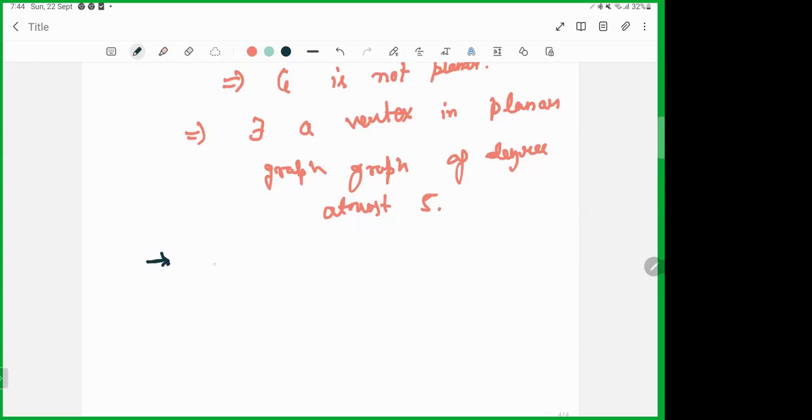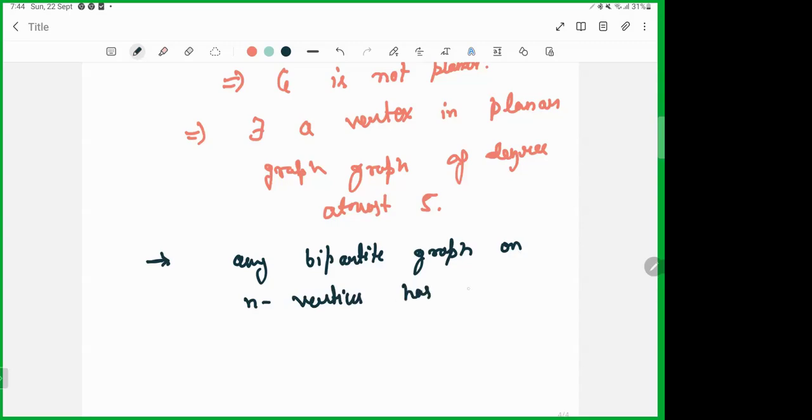So we have proved that any bipartite graph on n vertices has a vertex of degree at most 3.